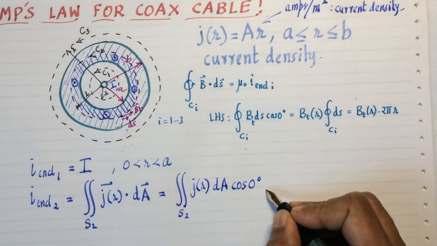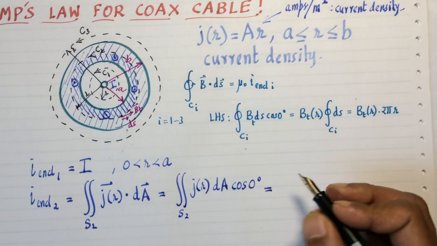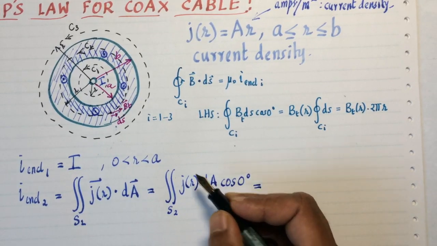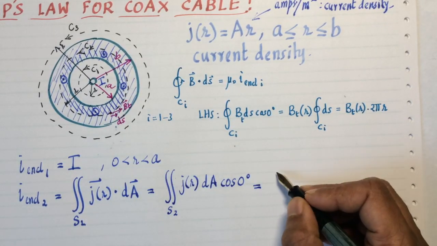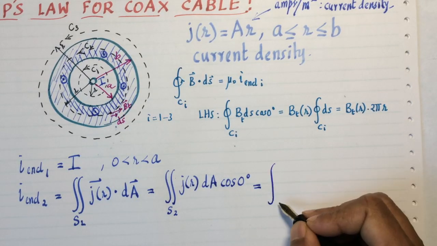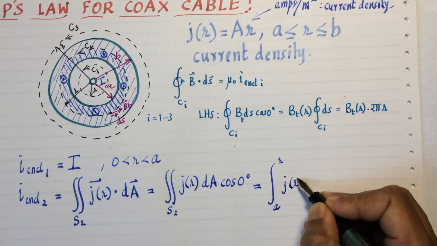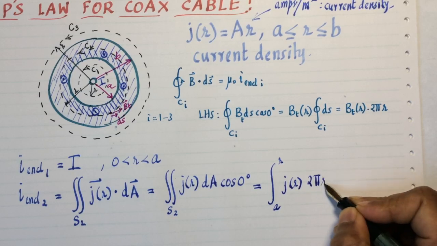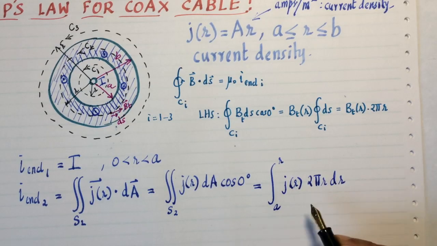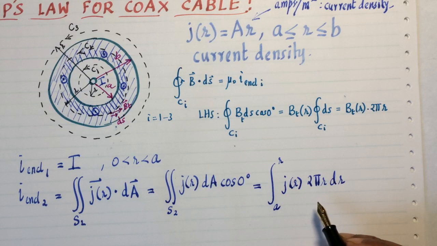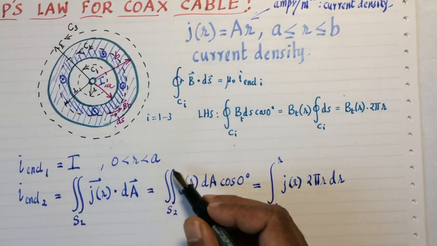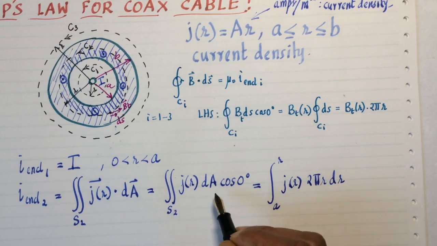So the way I'll play this is to write dA as 2 pi r times dr. So this is going to be just the single integral from A to R of J of R times 2 pi r dr. What I'm basically doing, for those who are well versed in multivariable calculus, is this double integral is an integral over both r and theta.